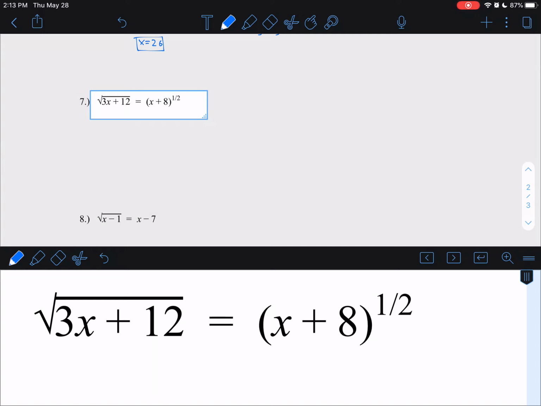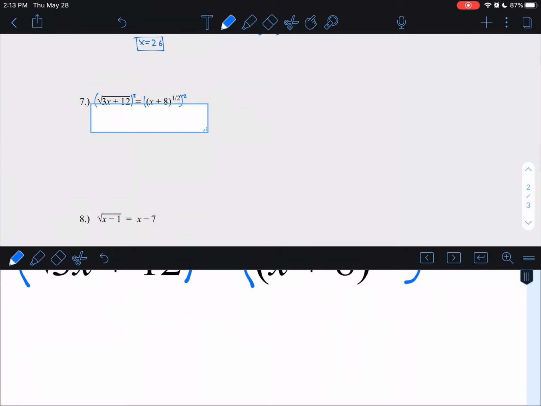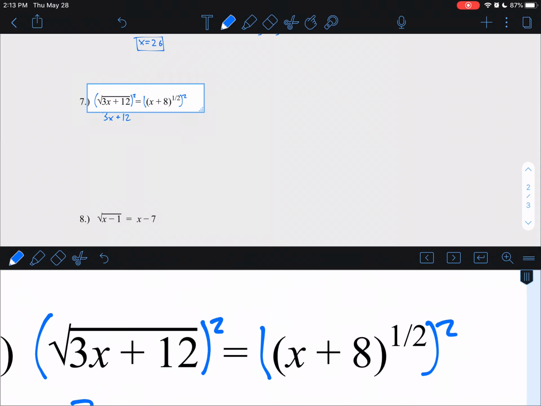Okay, so looking at this next problem, I have the square root of 3x plus 12 equals x plus 8 to the 1/2 power. So to get rid of this square root, I'm going to square it. And I'm going to do the same thing over here. So once I do that, I got 3x plus 12 on this side because the square root and the square cancel out.